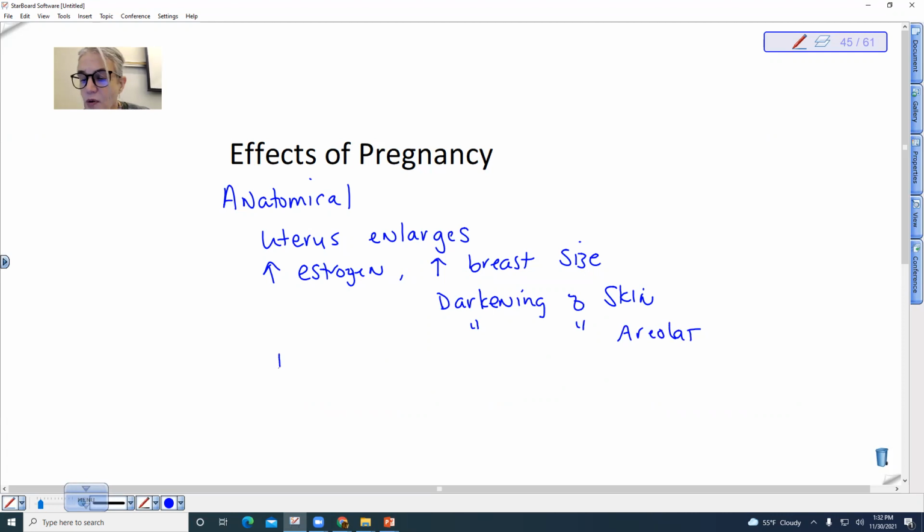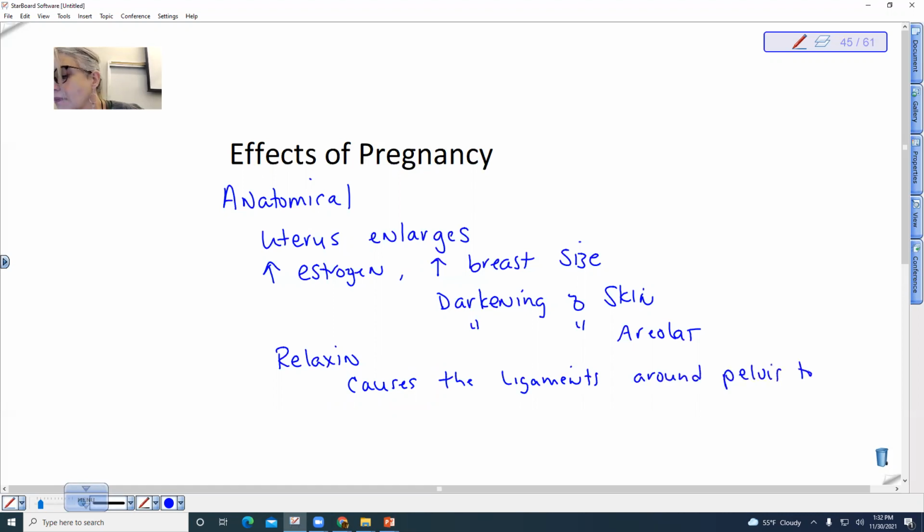We also have a hormone called relaxin, which is aptly named because it is going to cause the pelvic ligaments to become looser. It is produced by the placenta, and it causes the ligaments around the pelvis to loosen. So it might feel like the pelvis is loose when you're walking.